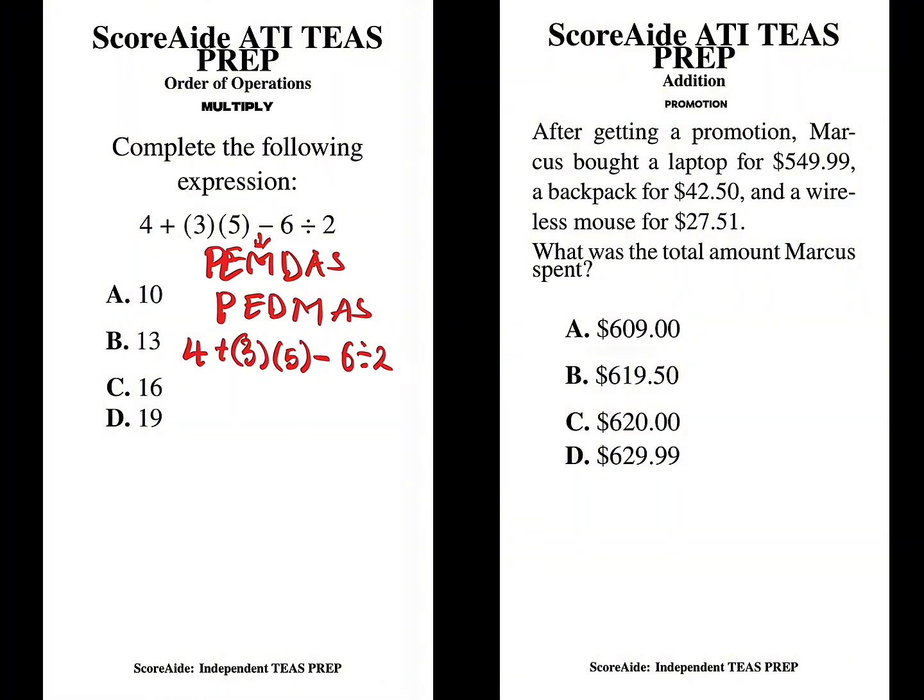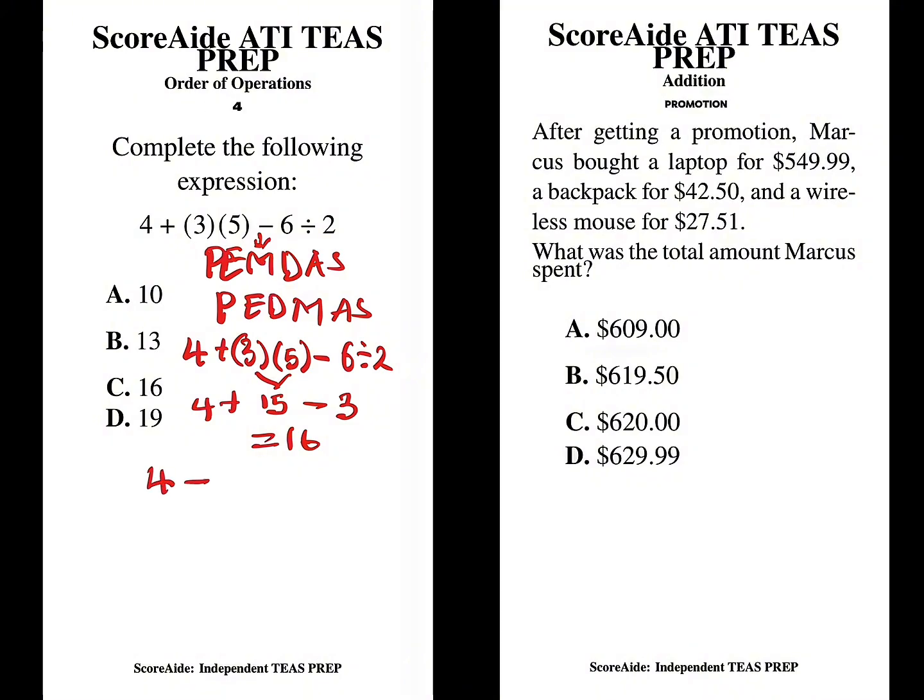If we multiply, this gives us 15. Then we divide, which gives us 3. Then subtraction and addition all go together, so this is going to be 16. The answer there is going to be 16. All right, let's use the other order method.